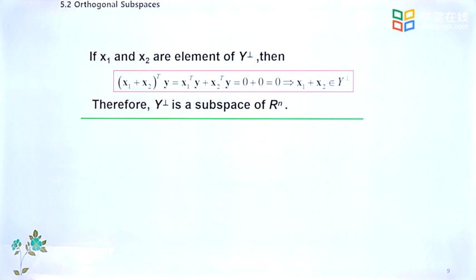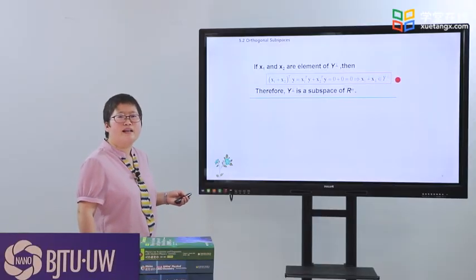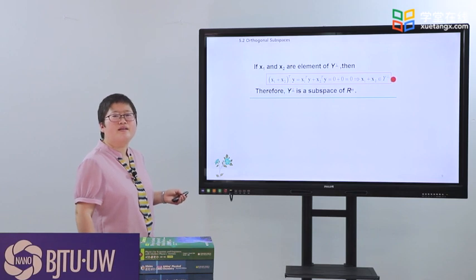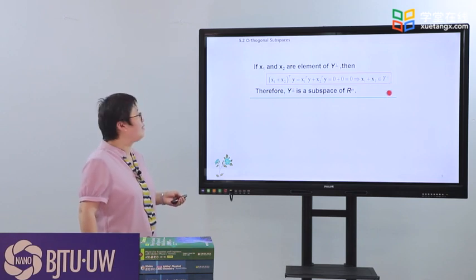Therefore, Y orthogonal complement is a subspace of Rn, because we show that scalar multiplication and addition are closed in Y orthogonal complement. And also, of course, Y orthogonal complement is not an empty set. So this is a subspace of Rn.